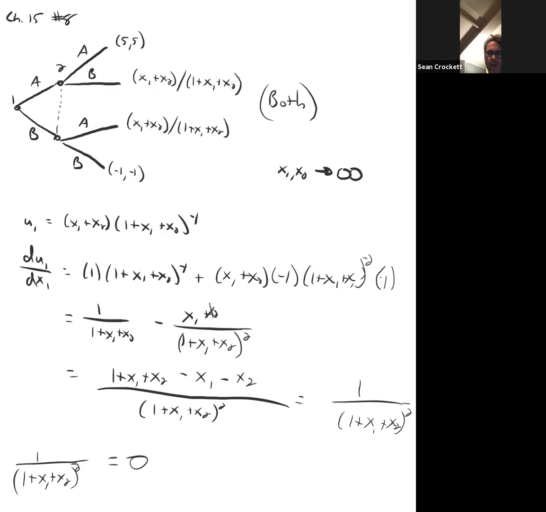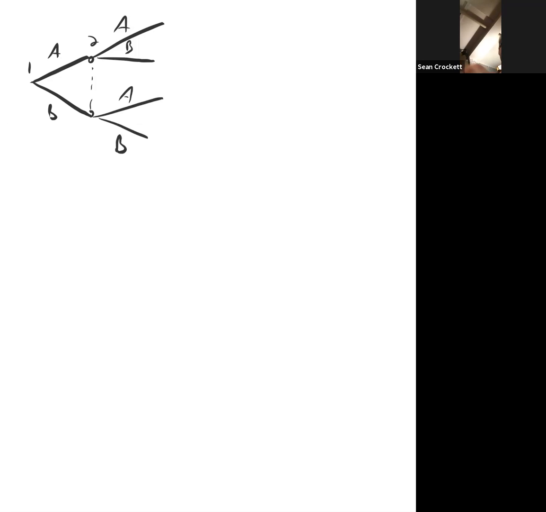Okay, and so in the subgame perfect Nash equilibrium, now I can write this as A, B, A, B, and then this payoff was 5, 5, minus 1, minus 1, and now we know that in the equilibrium of the subgame, x approaches infinity for both players.